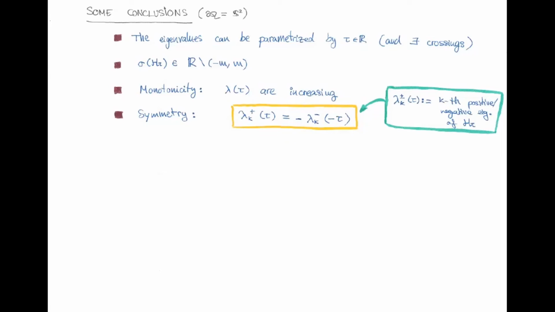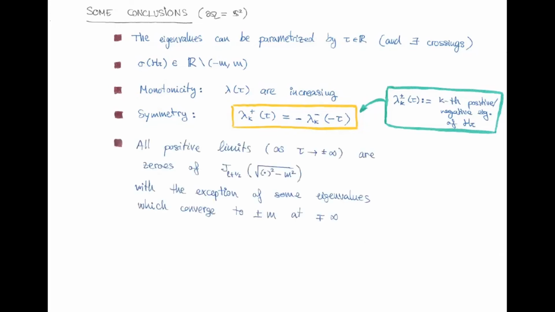Okay, but the most important thing about all of this, or something that is interesting, are the limits of these curves. Because remember that, as I showed you, the limits are going to be zeros of these Bessel functions, with just some modifications. But what's the subindex over there? This is L plus 1/2, because they're going to be Bessel functions of half integer index.